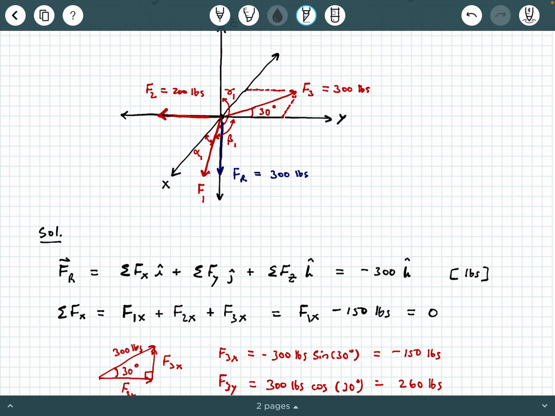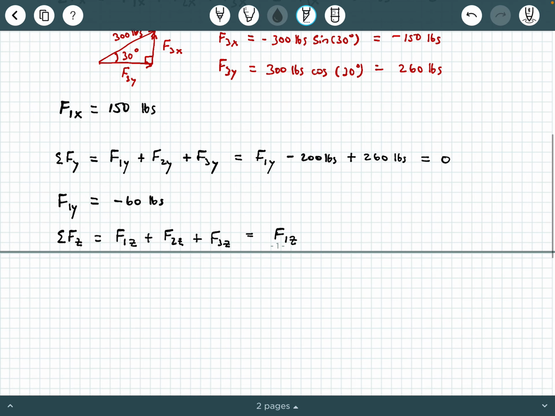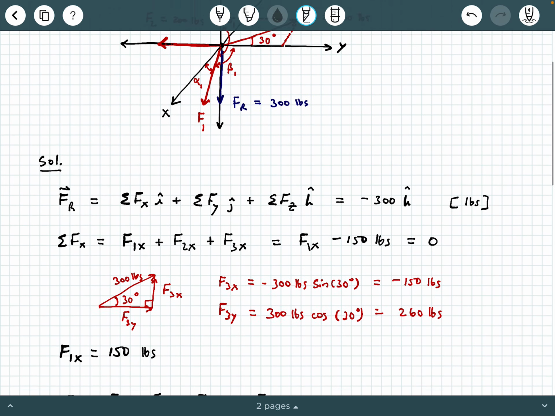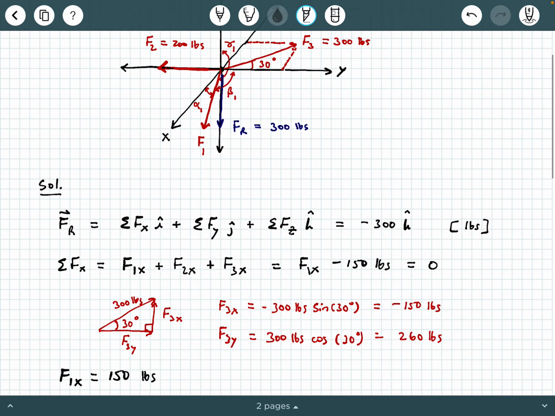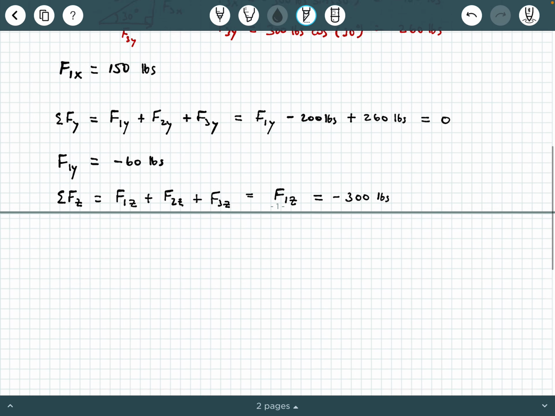So what does that mean for this little relationship here that we're building out? Well, that means that F1z must just be equal to negative 300 pounds. And that negative 300 pounds, where's that? Well, that's the z component, or you could think of it as the k component, of the resultant force, okay?